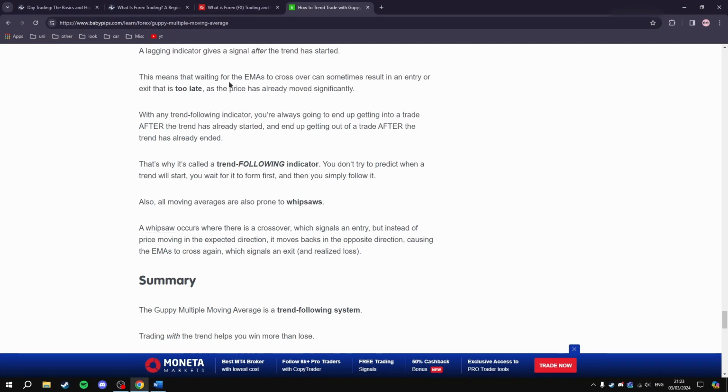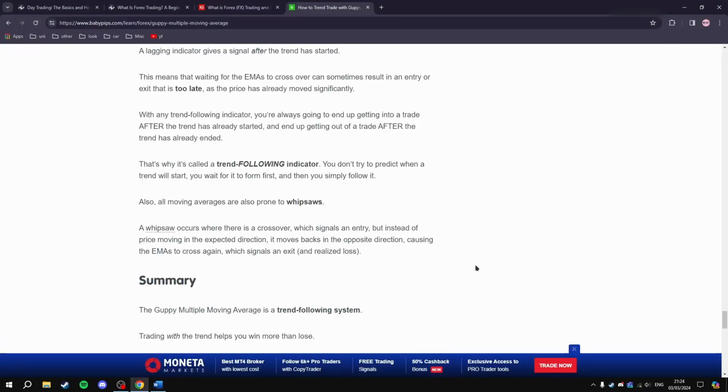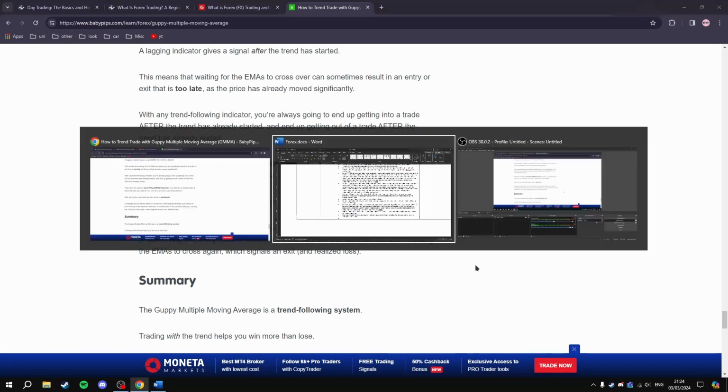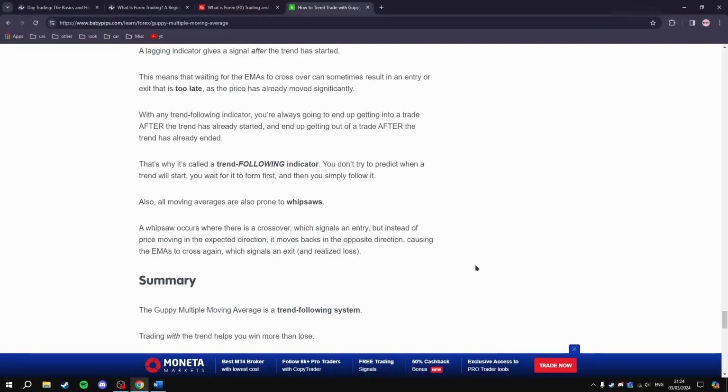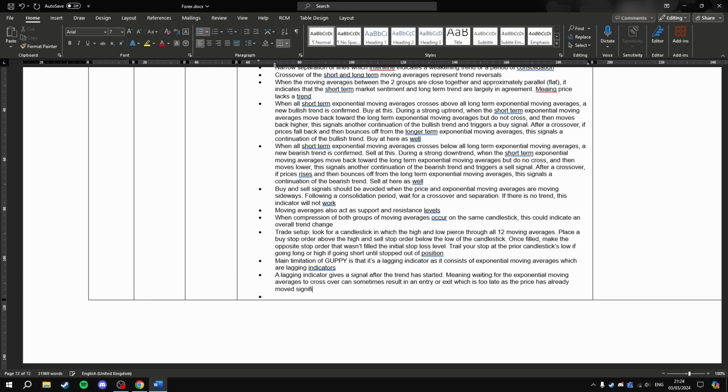This means that waiting for the exponential moving averages to cross over can sometimes result in an entry or exit that is too late, as the price has already moved significantly.